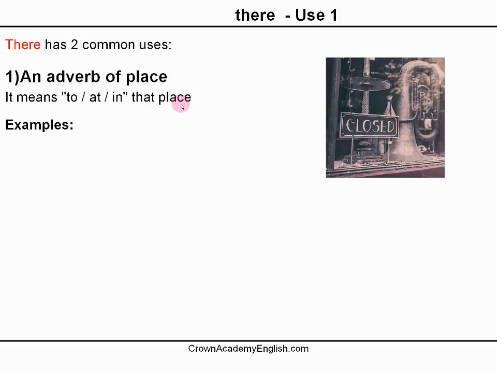Example: the shop is closed. We will go there tomorrow. So adverb of place. We are indicating where we will go tomorrow.